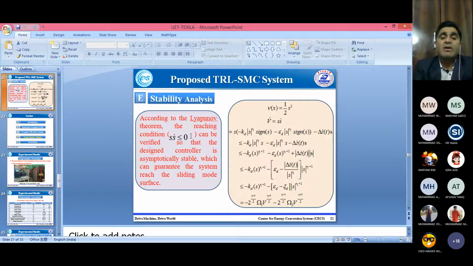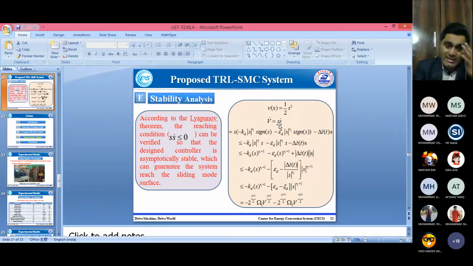The reaching condition for slide mode control is that S, the slide mode surface, multiplied by S dot, the control law, should be less than or equal to 0. This can verify that the designed controller is asymptotically stable, which guarantees the system reaches the slide mode surface. The Lyapunov equation is here.